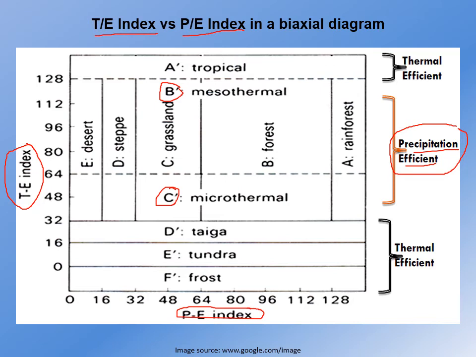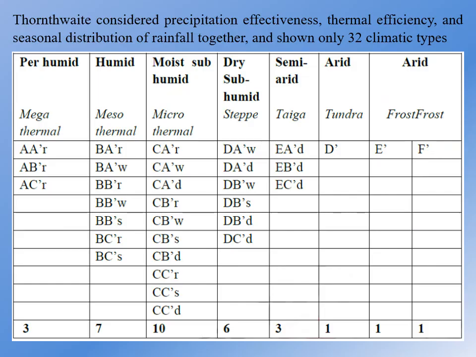Now, the combination of different symbols which represent the different PE index and different TE index values, and also the seasonal variation of precipitation, gives us 32 different varieties of climatic types according to the Thornthwaite classification scheme.